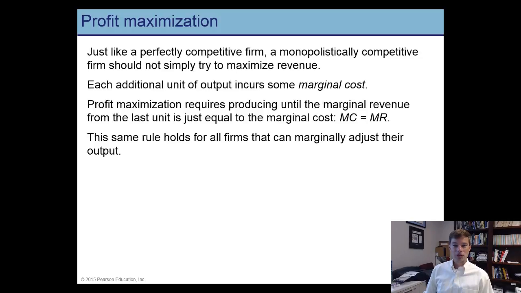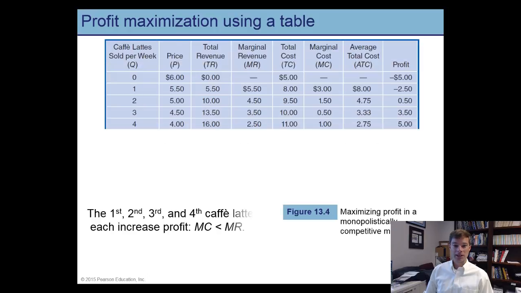The firm should stop producing before it produces any unprofitable units. This means stopping production before any units are produced that have a marginal cost that's greater than their marginal revenue. We're going to see this in a table first.